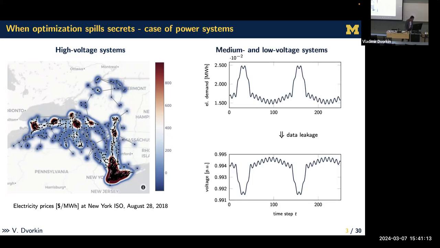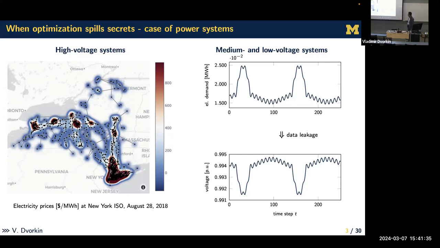Let's confirm this with another example. In a medium or low voltage grid, distribution system operators collect information about the load of customers. When we think about customers, they all have their own electric signature that describes their consumption.